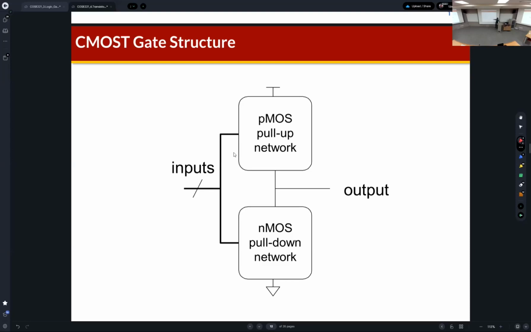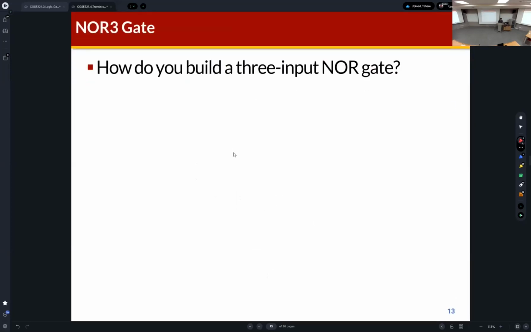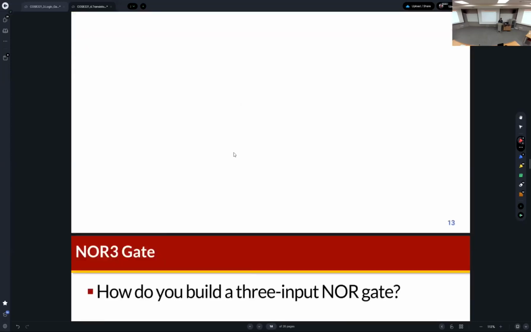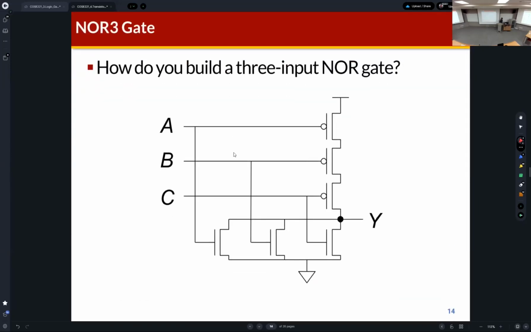The drains are commonly connected to the output signal, and the input signals are connected to the gates of the MOS transistors. Then we can build the 3-input NOR gate like this.